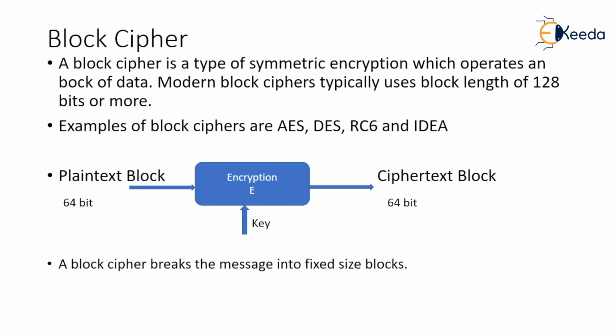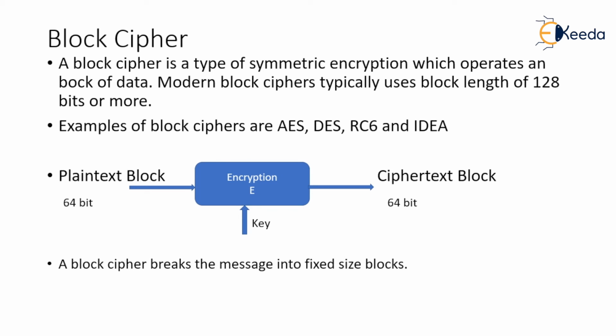That means for every conversion of a bit, we utilize the modulo 2 operator. But in the case of the block cipher, though it is a symmetric encryption process same as the stream cipher, it doesn't operate bit by bit.